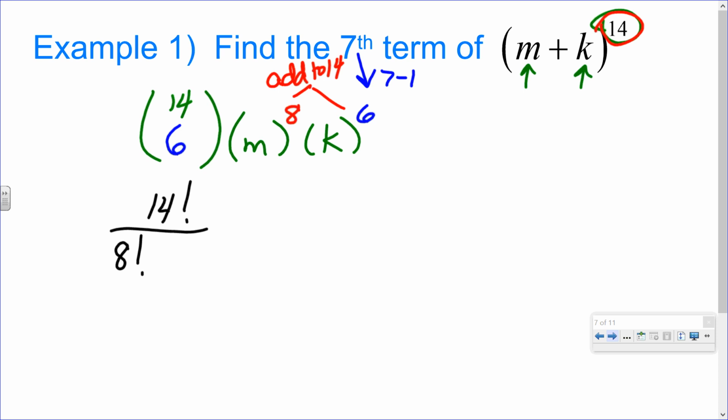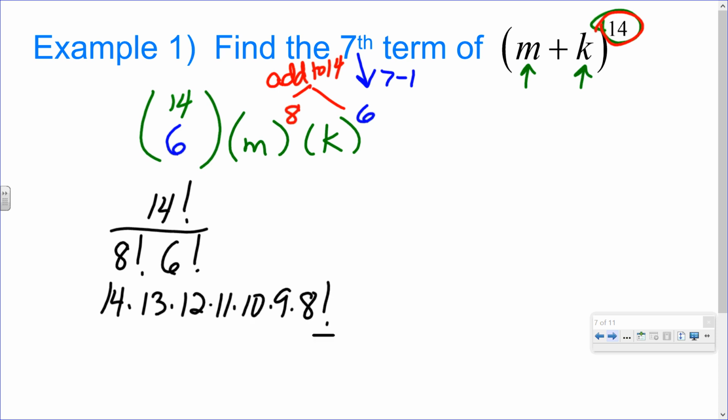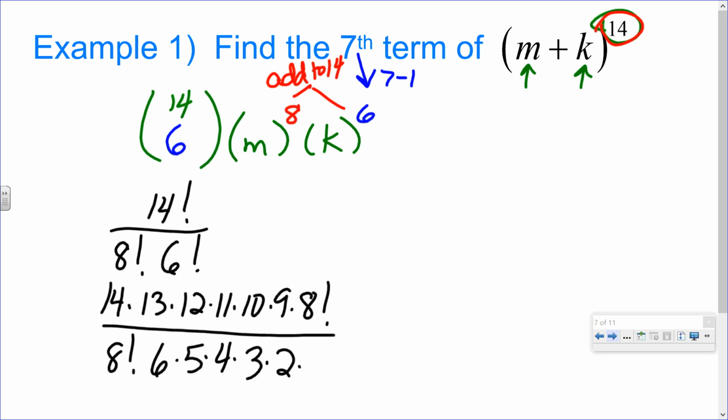And with combinations, remember, we also divide by the smaller number, so we also divide by 6 factorial. So that means I have 14, 13, 12, 11, 10, 9, 8 factorial over 8 factorial, 6, 5, 4, 3, 2, 1. The 8, 7, 6, 5, 4, 3, 2, 1 cancel all at once.